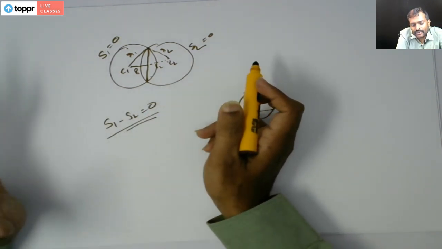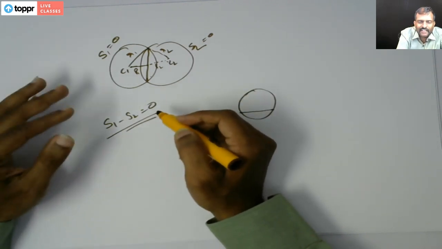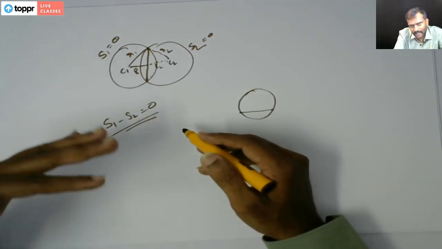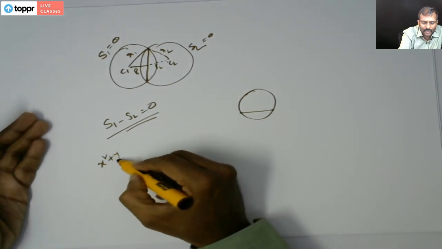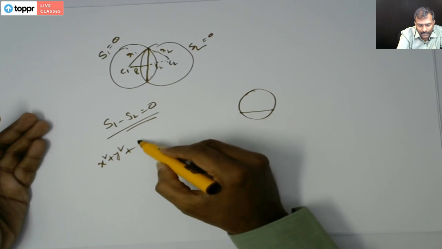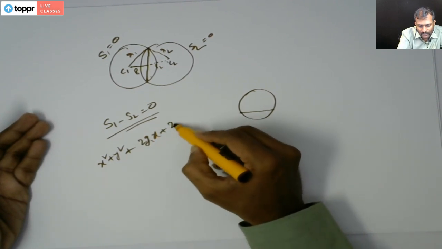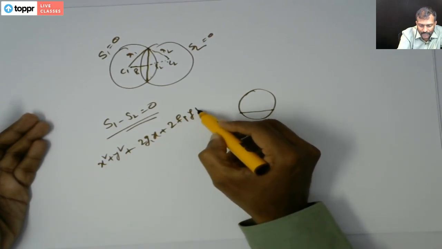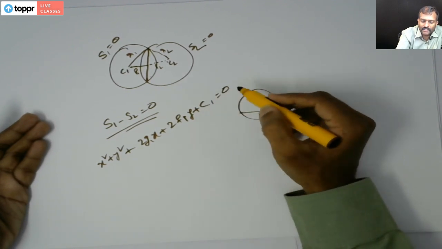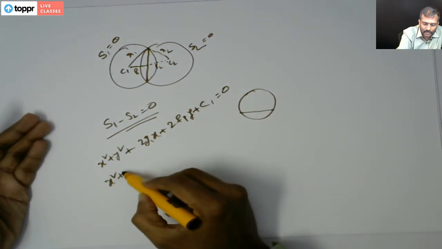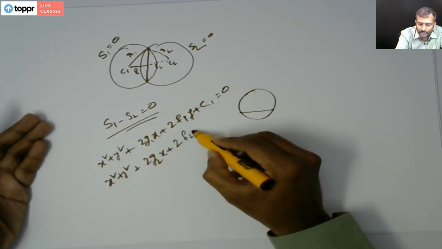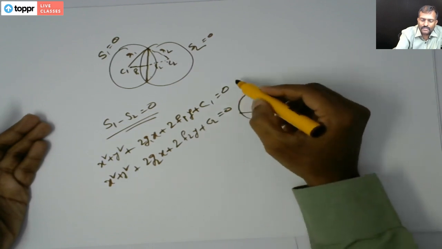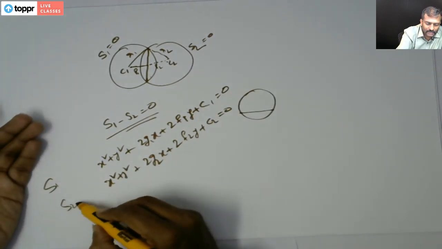If you subtract the two circle equations, then you get a linear equation, because the squares will get cancelled. For example, if you have x square plus y square plus 2g1x plus 2f1y plus c1 is equal to 0, and x square plus y square plus 2g2x plus 2f2y plus c2 is equal to 0. This is S1 and this is S2.